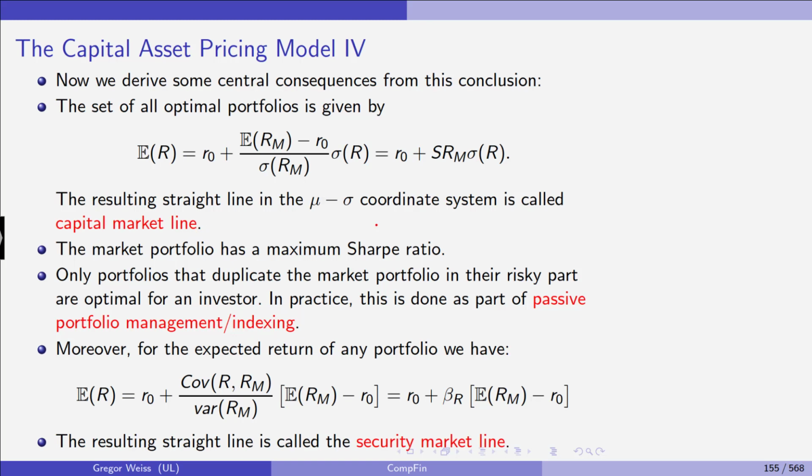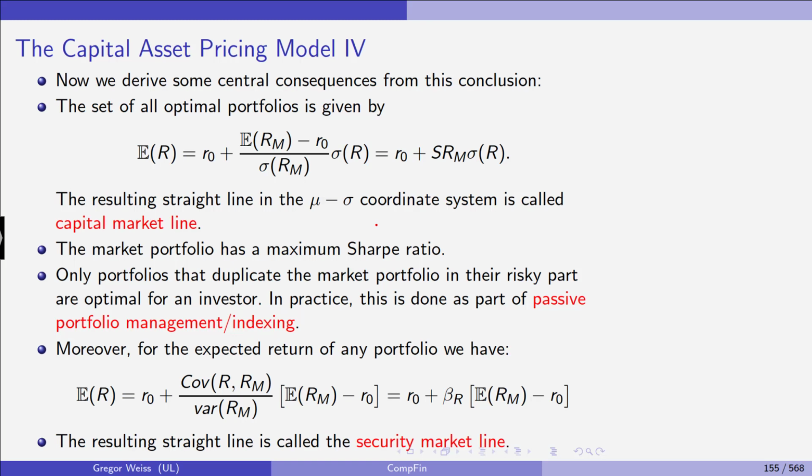Next, the market portfolio has maximal Sharpe ratio, and only portfolios that duplicate the market portfolio in the risky part are optimal for an investor. So in practice, this is passive portfolio management or indexing. You're trying to mimic the market, to rebuild the index. And this is passive portfolio management because you know you cannot beat the market.